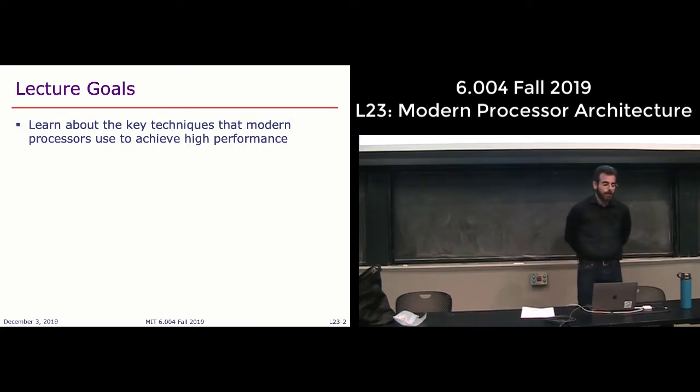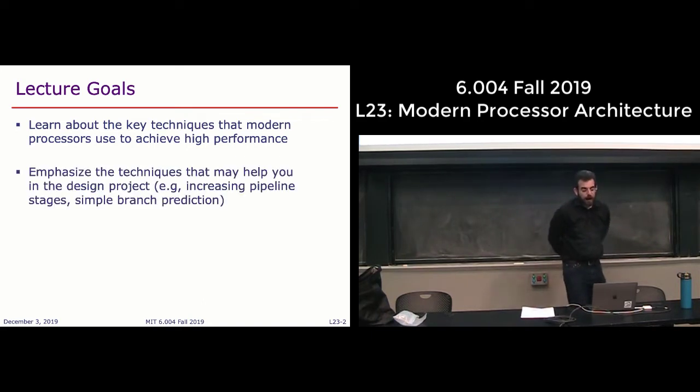It will also make you a better programmer, because it's good to know what the processor is doing to help you run code fast. It will guide you to do good optimizations. But more importantly, we're going to emphasize a few techniques that you may find very helpful in the design project.